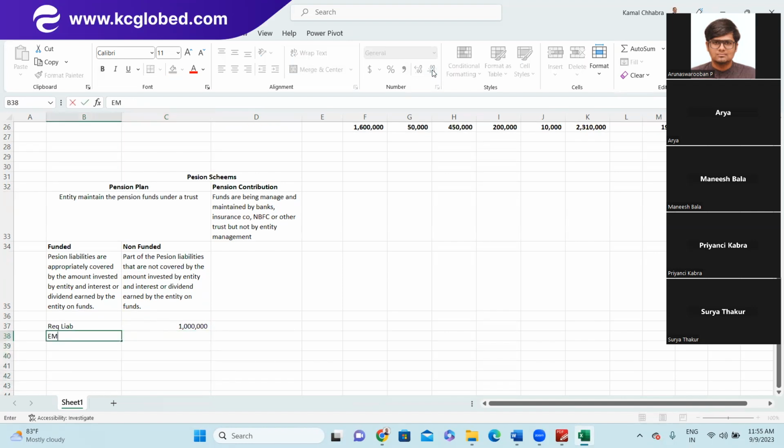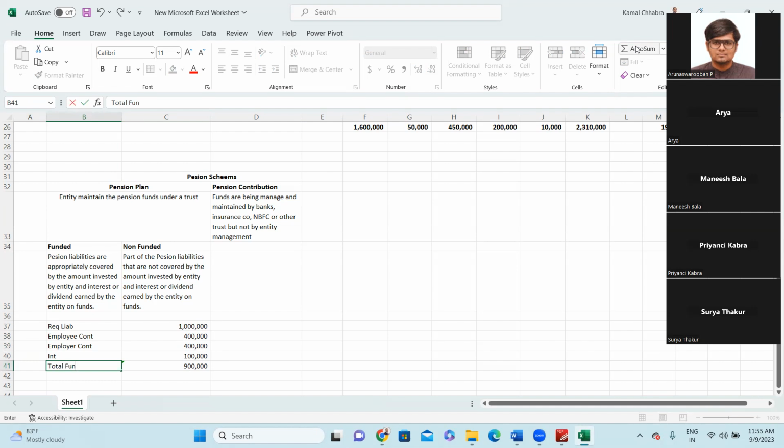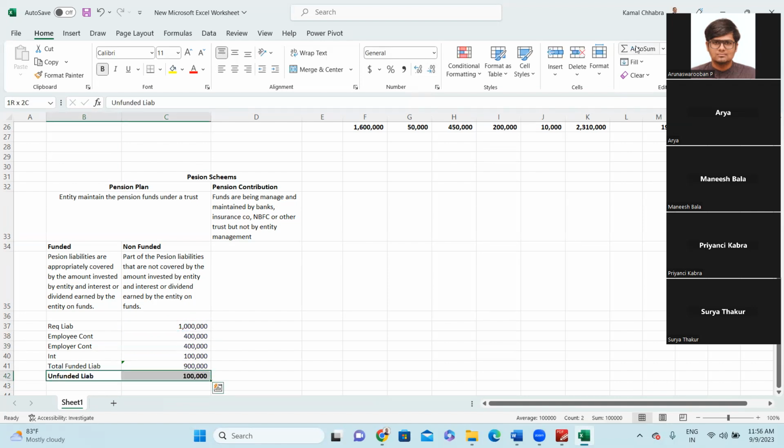Employee contribution 400, employer contribution 400, and interest 100. So this much amount is called funded. So unfunded is how much? $100,000. So this is what is called unfunded liability. Make sense?